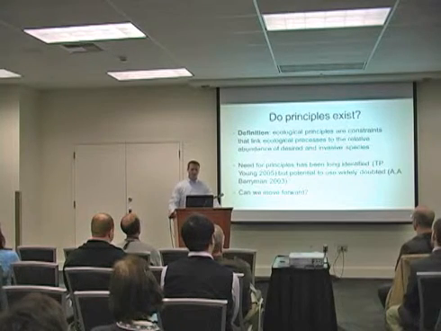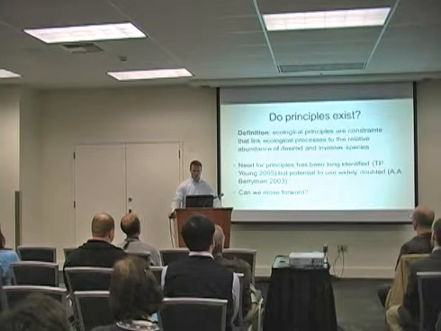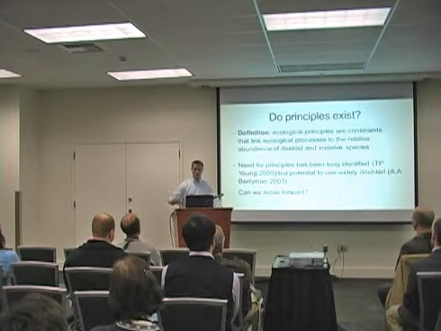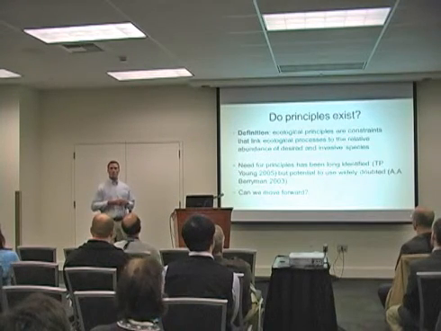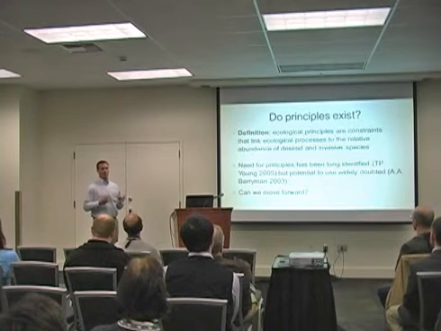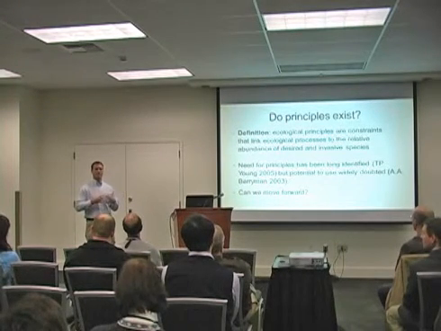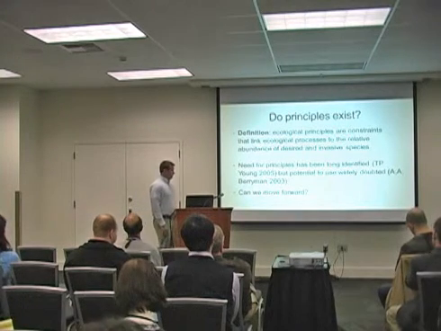So we simply say that ecological principles are constraints that link ecological processes to the relative abundance of the species we have out there. So it is a general term, but what we're proposing is that there are physical, mathematical, environmental constraints that dictate composition of species on the land.